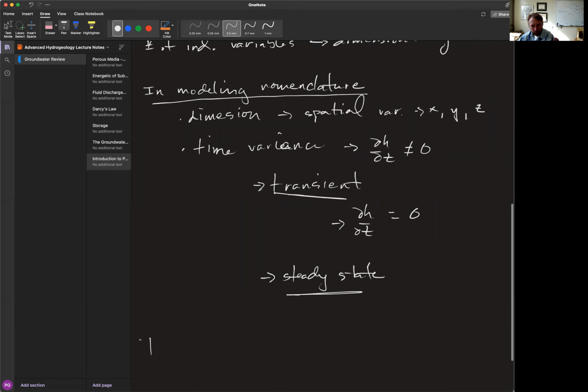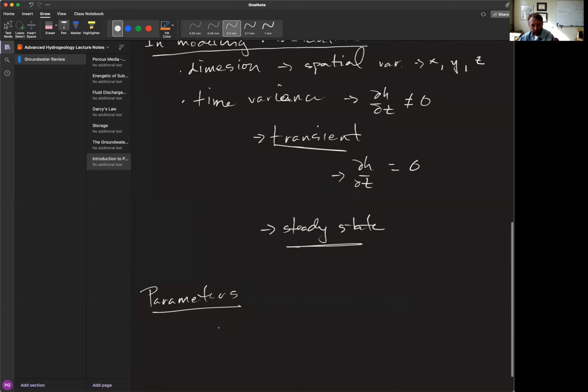So parameters, let's zoom in on these guys a little bit. Parameters are these values that control system behavior. They don't change the shape, or we'll talk about this later, but they're not going to necessarily change the type of solution or the function that gives us a solution, but they're going to change how that function behaves.